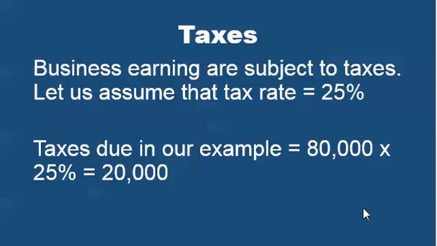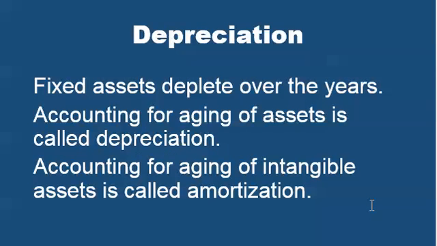Taxes. Business earnings are subject to taxes. Let us assume that our tax rate is 25%. Taxes due in our example would be 80,000 times 25%, which equals 20,000. Depreciation. Fixed assets deplete over the years.